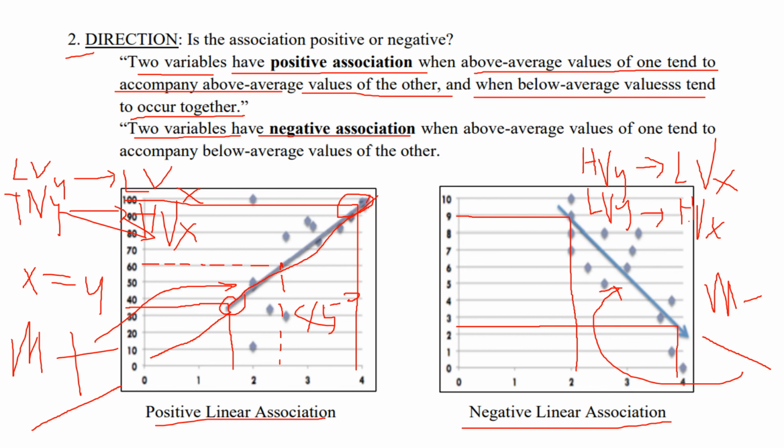And once your slope is a negative value, then your line falls from left to right.